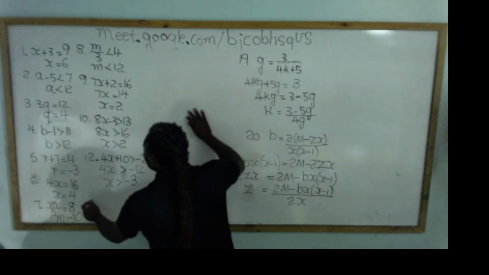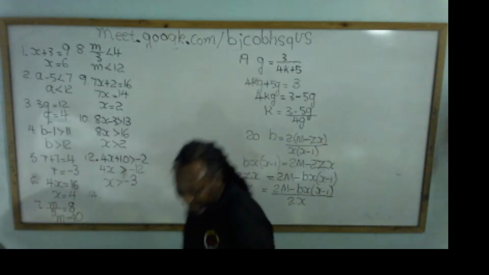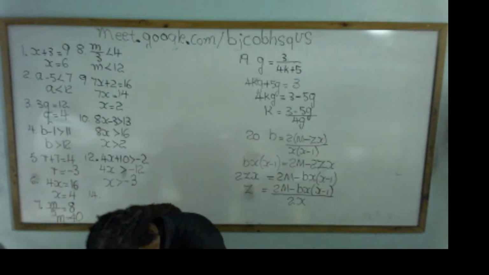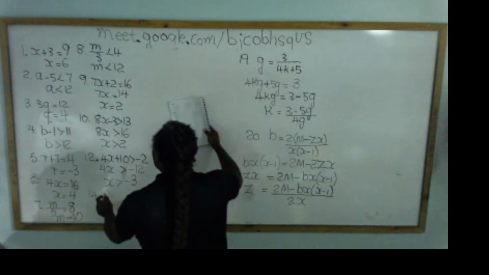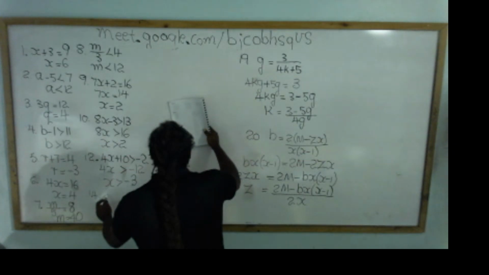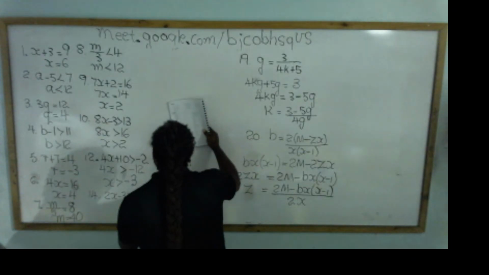Number 14. I hope number 14 will be able to hold right there. Yes, it can. 2x minus 3x plus 4x is equal to 18.